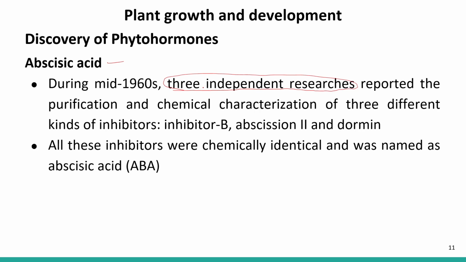The first one named it inhibitor B, then it was named abscission II, and it was also named dormin. Later, all these inhibitors showed growth-inhibiting activity, and when characterized they were found to be chemically identical and were named abscisic acid, ABA.